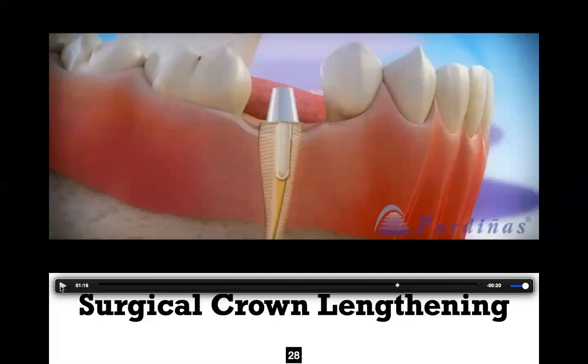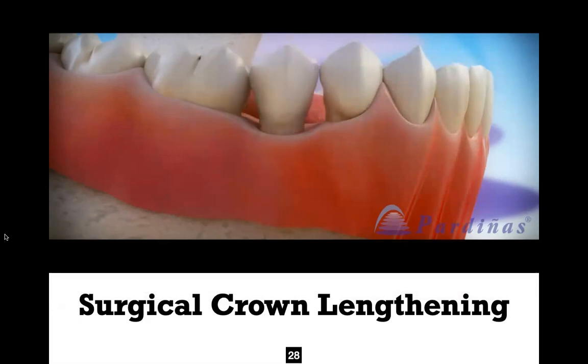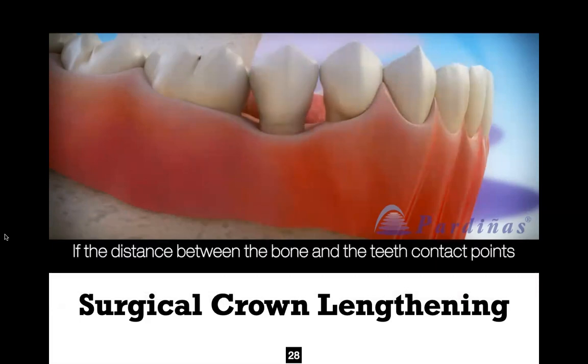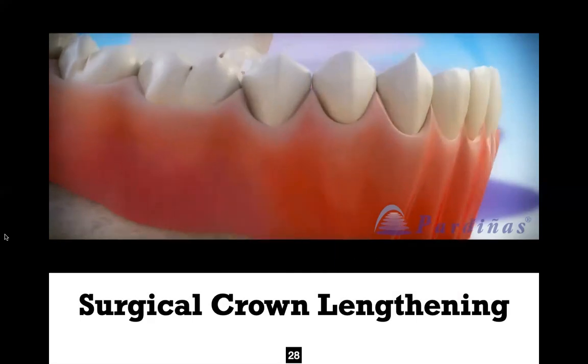Again, you're going to see the crown, but all of this treatment is being planned and done after evaluating that the future biologic width will not be violated, right? Do you see that? Yeah. Eventually, this is how the tooth will heal.